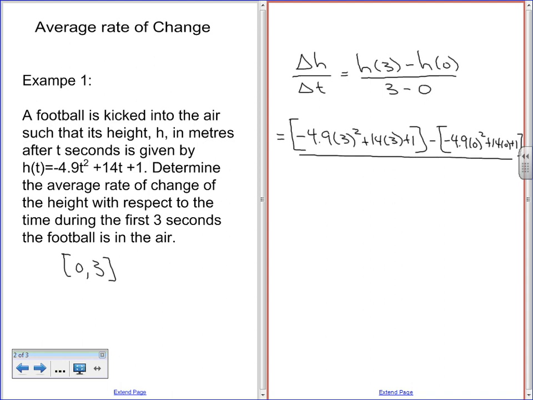And I divide that all by the change in the time, and the change in the time is 3 minus 0, which is 3. So using proper order of operations, you put that all into your calculator, and you would come up with the answer.